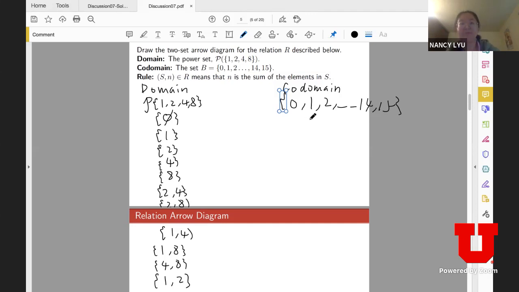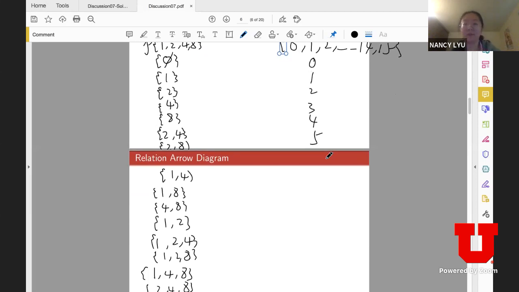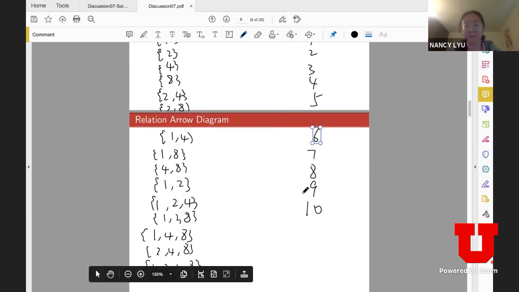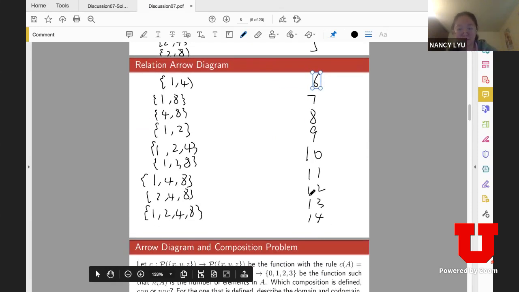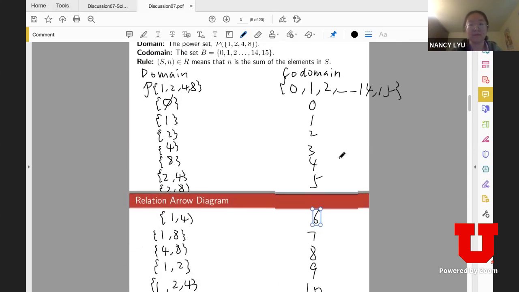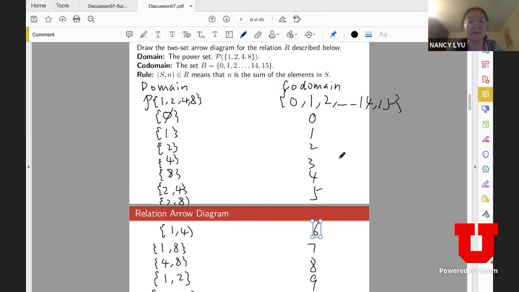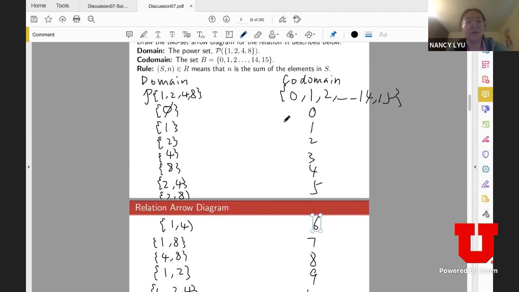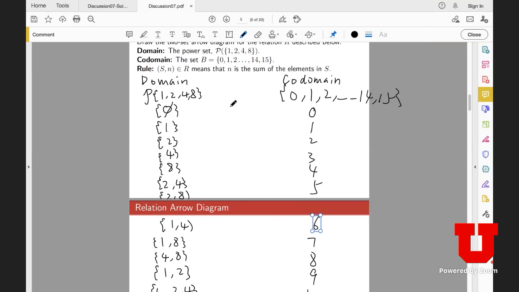It will just be each element, right? 0, 1, 2, 3, 4, 5, and all the way up to 15.